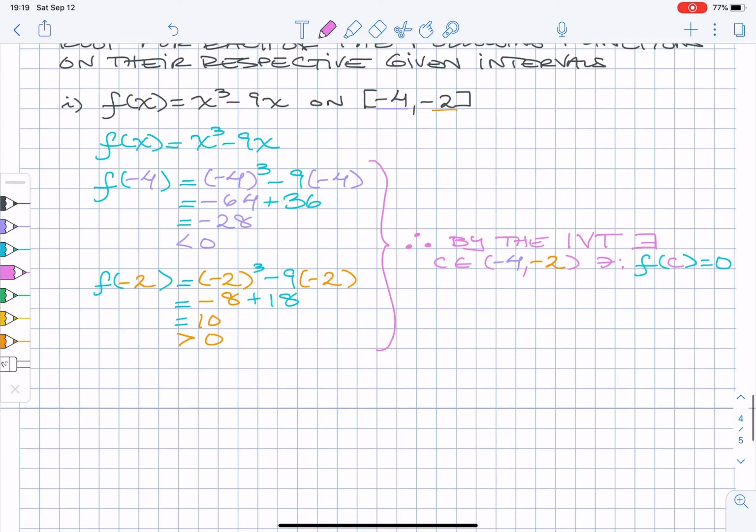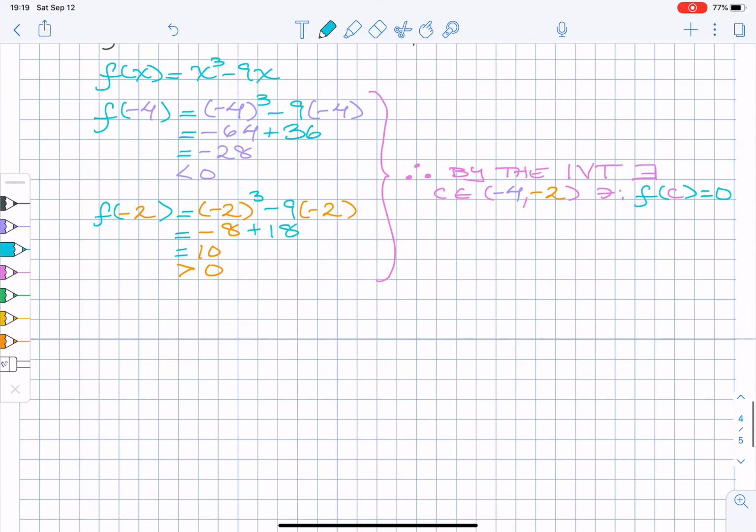Now note, it didn't tell me what the root was, just that one exists, at least one. There could be more, but we know that at least one exists.